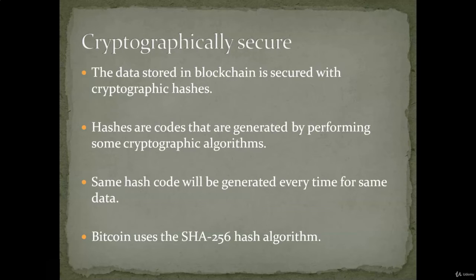And if the data is modified, the hash generated will be entirely different from the old hash. Another point to be noted is that no two values can generate the same hash value. It means two different inputs will always produce two different outputs. Every value has a unique hash value.